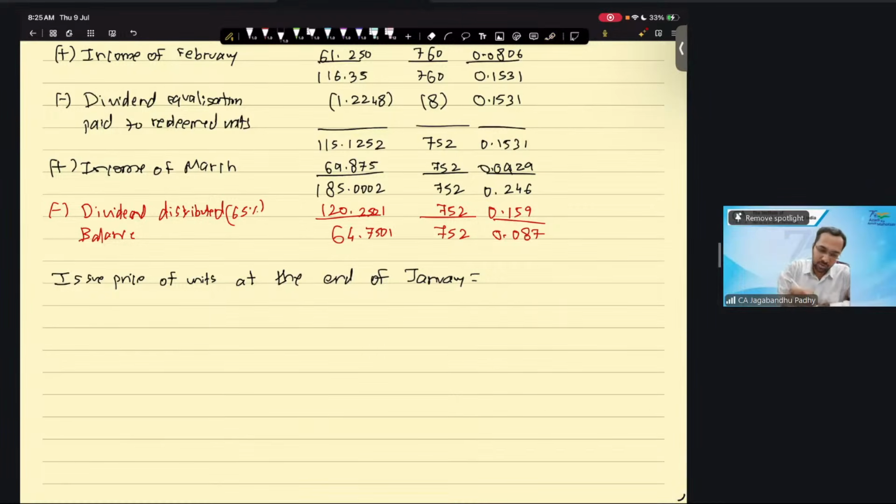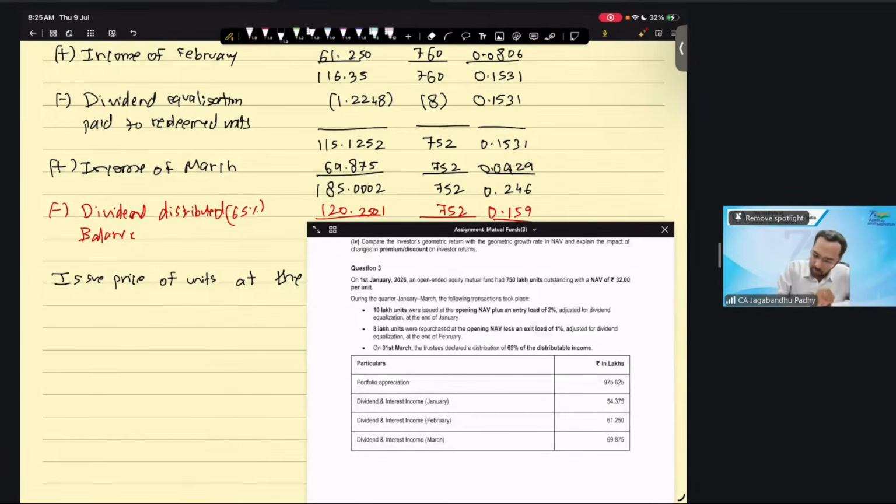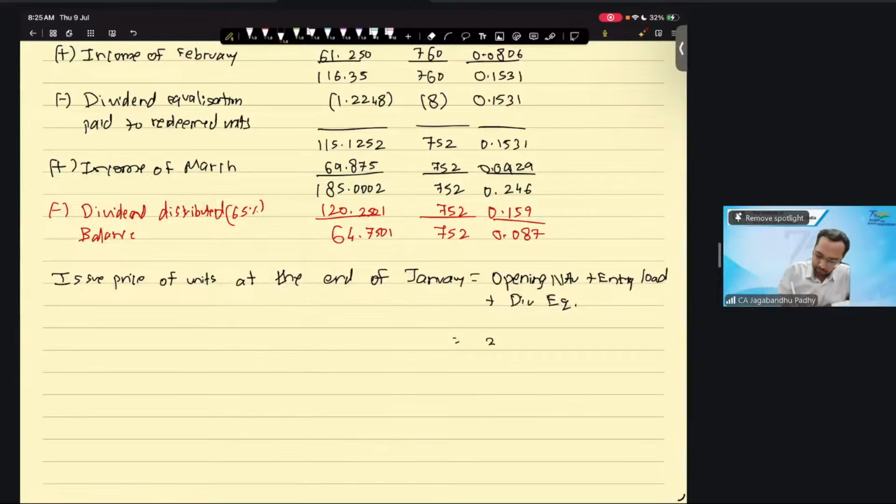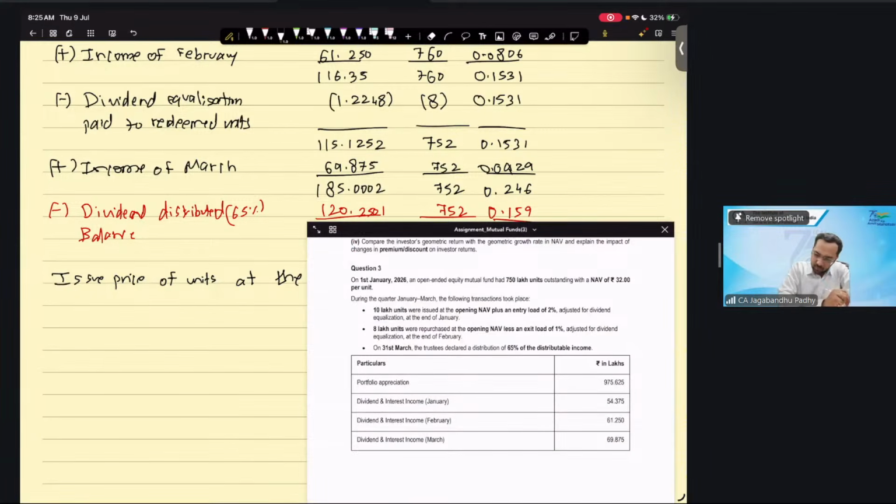So this is going to be opening NAV plus entry load plus dividend equalization. Now the opening NAV is 32. On that, we have an entry load of 2%.